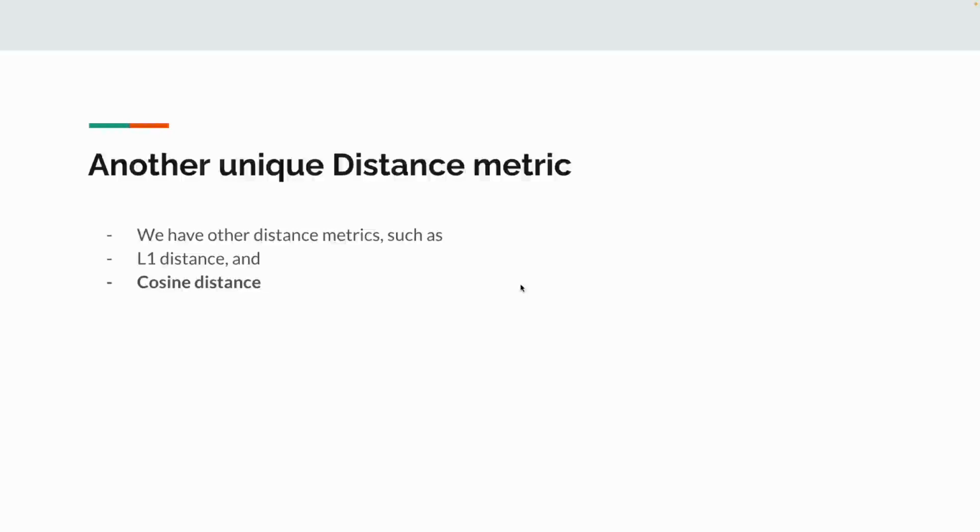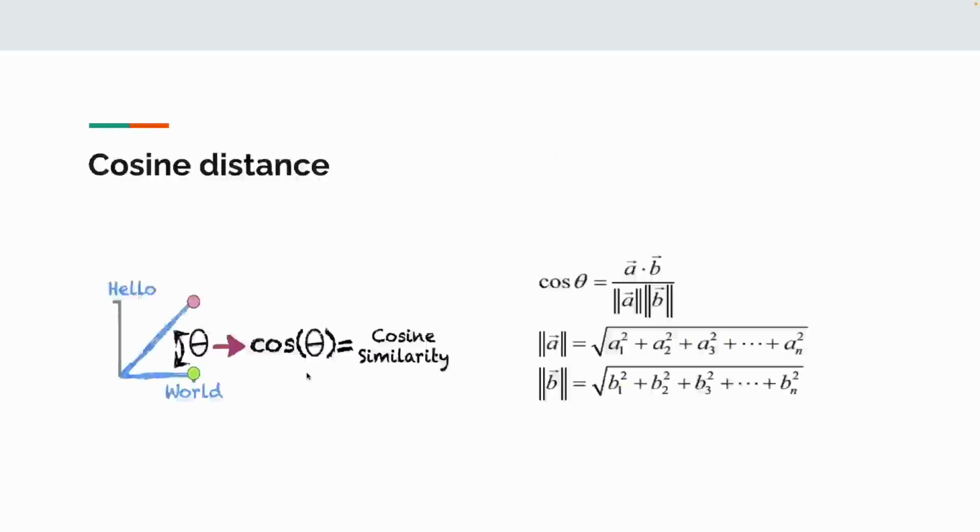So we know about L1 distance, we know about L2 distance. Now we will be learning about another very important distance metric, what we call the cosine distance, okay? So the cosine distance, what we call the angular distance.